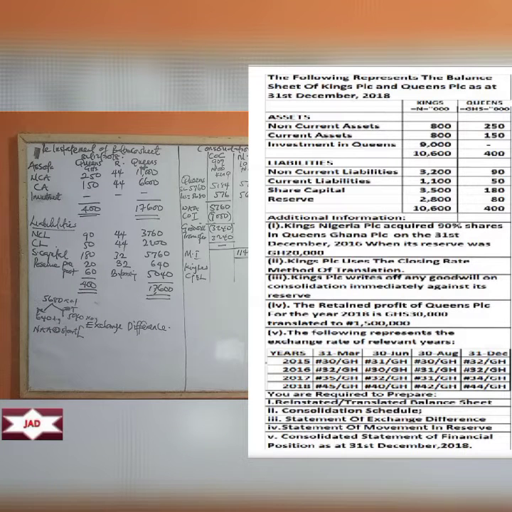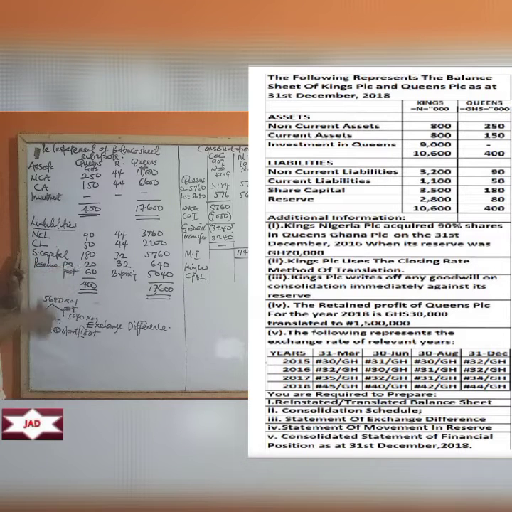Of course this is 2018. We know net assets acquired is share capital and reserve, right? Share capital is 180. So long as it remains what it was from the date of acquisition, it stays. So we have 180 plus, what's the reserve at the beginning of the year?